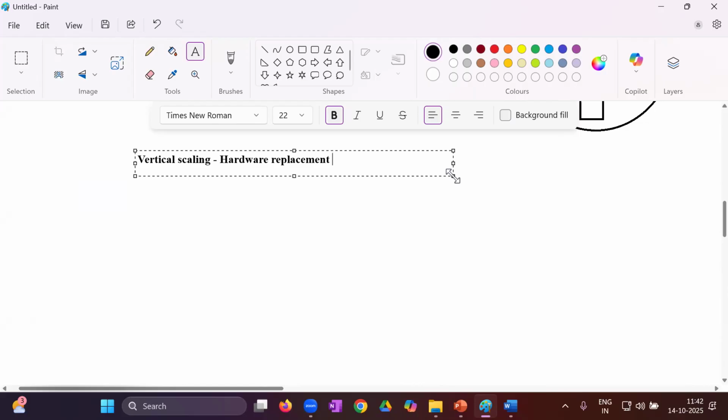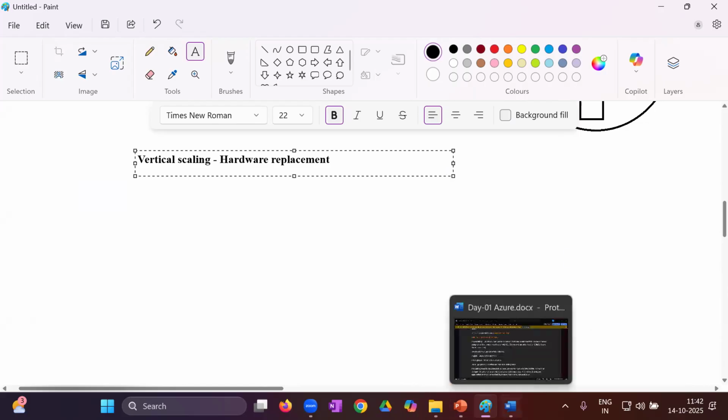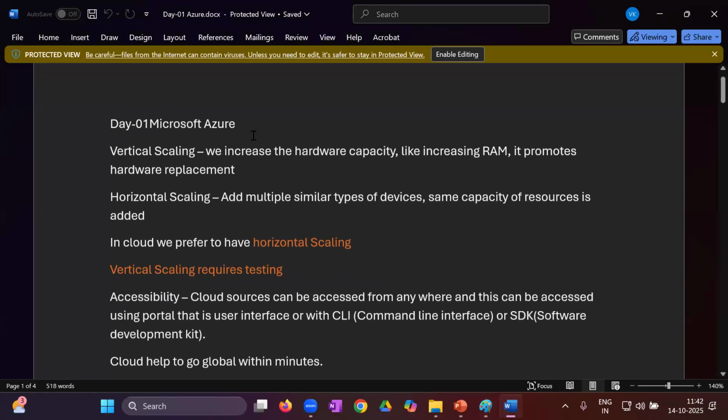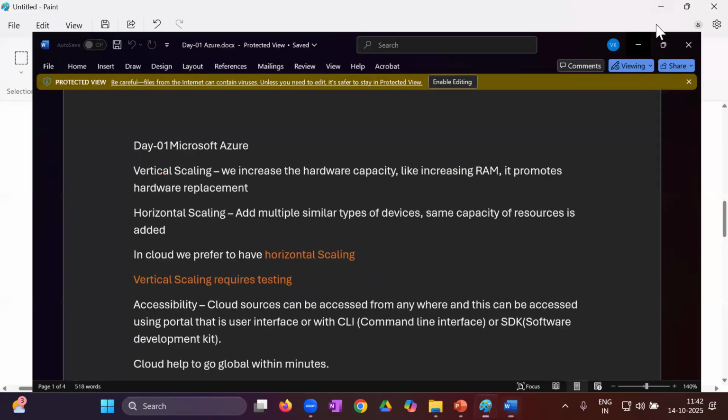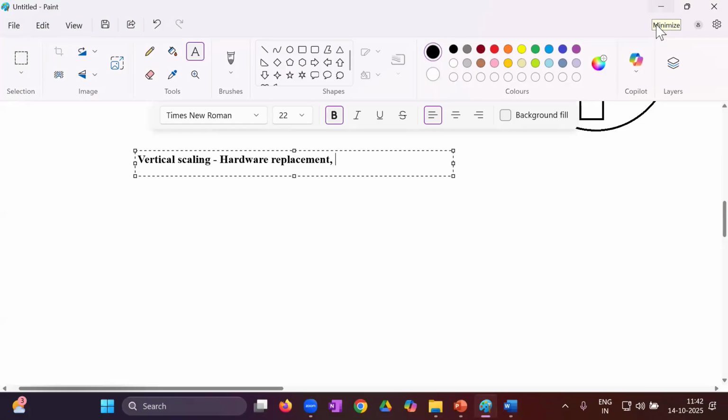Hardware replacement, or we can increase the capacity of the hardware.